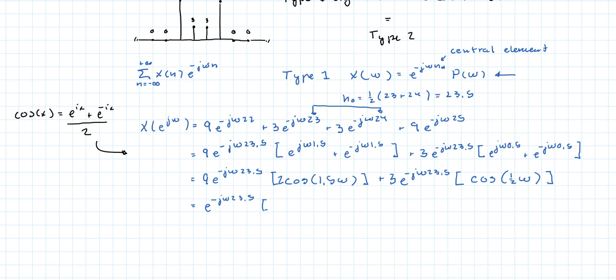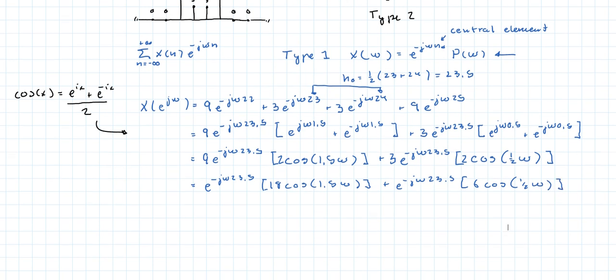It's 2 times cosine, sorry about that, I did the same mistake before. So 9 times 2 is 18 cosine 1.5 omega, plus e to the minus jw 23.5 times 6 cosine 1/2 times omega.